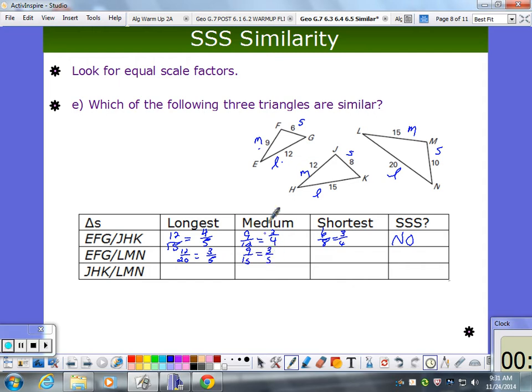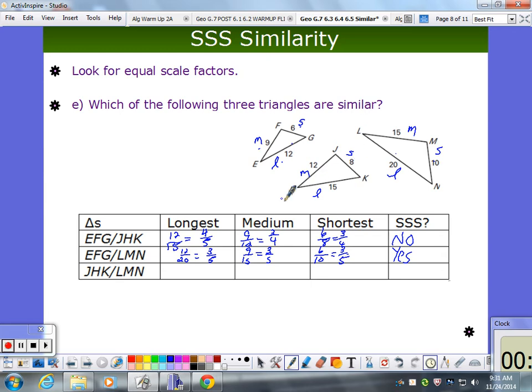So far, so good. Smallest to smallest, 6 to 10, divide by 2, 3/5. Scale factor, scale factor, scale factor. The scale factor from this one to this one is 3 to 5, and I do see side similarity, so these are similar triangles. And then we have two pairs left.